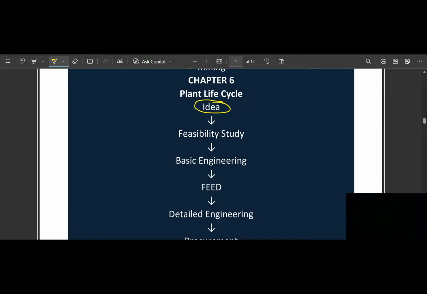So first you will prepare a feasibility study to see whether this project is viable or not, then you will do some basic engineering, then front end engineering.